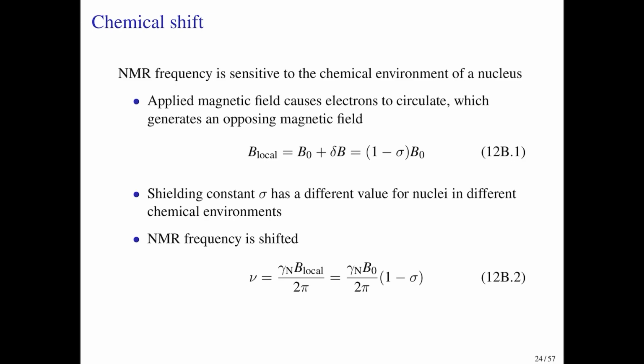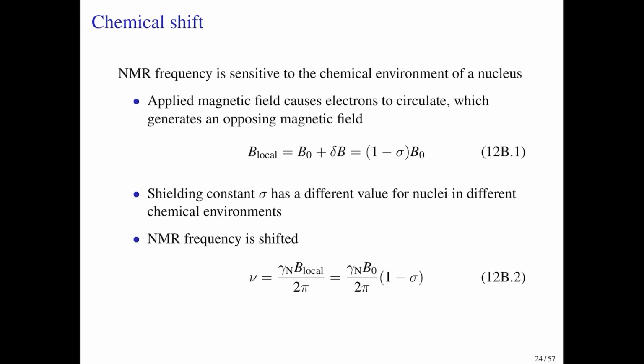And so the idea behind the chemical shift, what causes this chemical shift? Well, when you apply a magnetic field to a molecule, it causes the electrons in the molecule to move around. They start circulating, okay? And when charge moves around, when you have a current, that creates its own magnetic field.